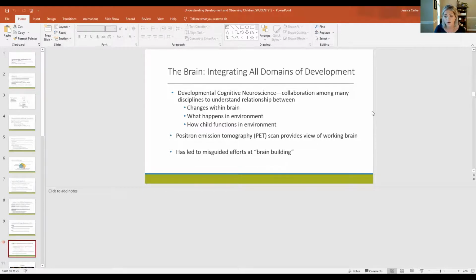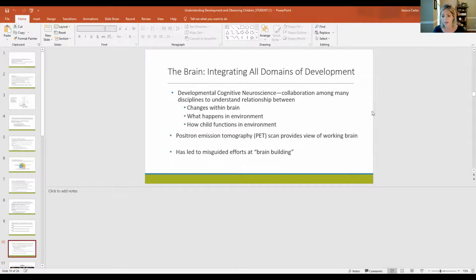Developmental cognitive neuroscience is a fairly new area of study that involves collaboration across many disciplines, including psychologists, neuroscientists, medical professionals, even biologists. The aim of this field is to understand the relationship between changes within the brain, what happens in the environment, and how the child is functioning within the environment.